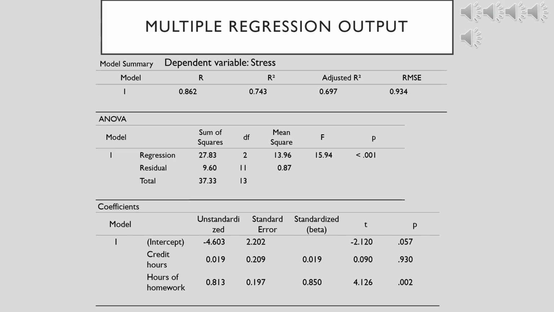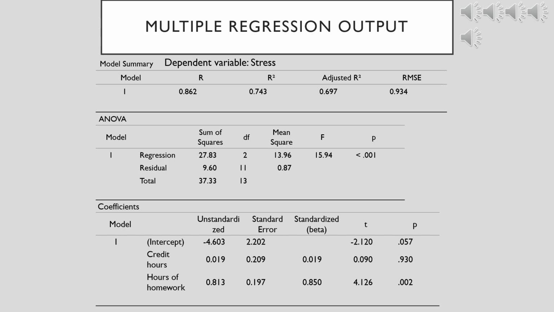What I want to know is which value out of all of these numbers represents the combined effect or relationship between credit hours and hours of homework on stress.